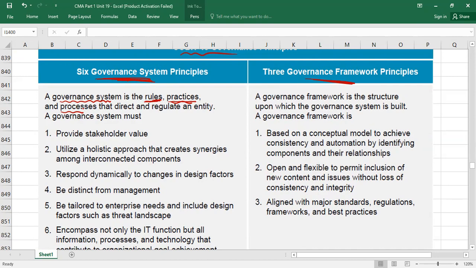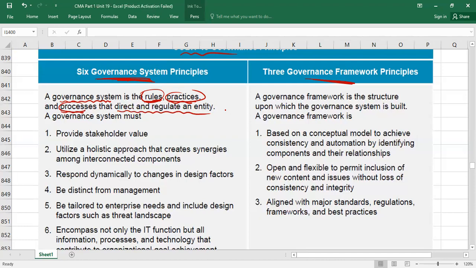For example, in a sale process: who will receive the order, who will approve the sale order, who will dispatch goods, who will create an invoice. So a governance system is the rules, practices, and processes that direct and regulate an entity.